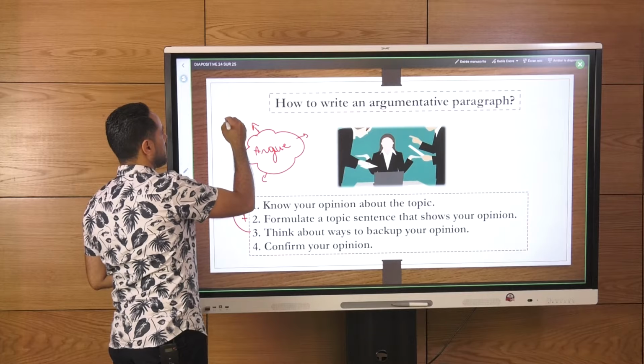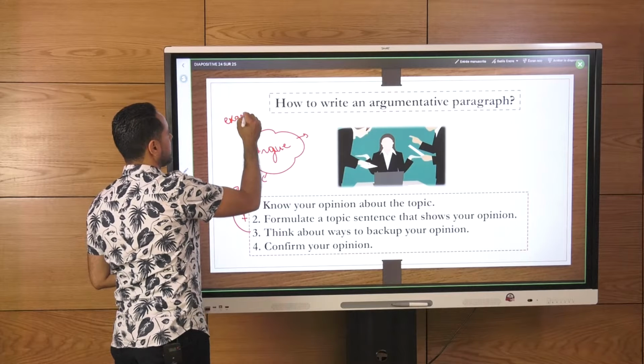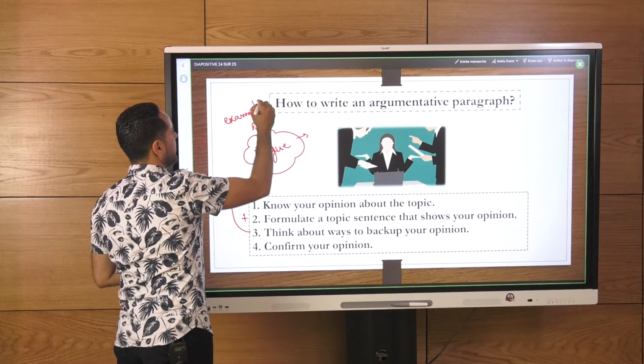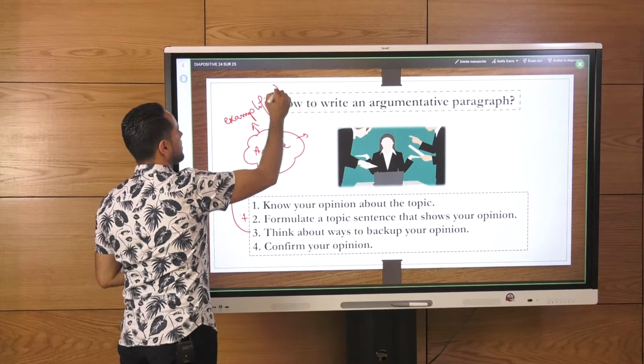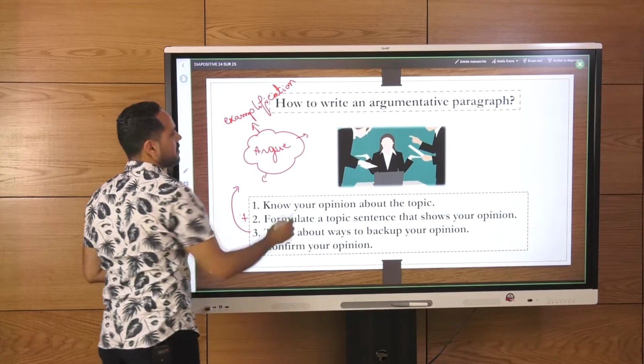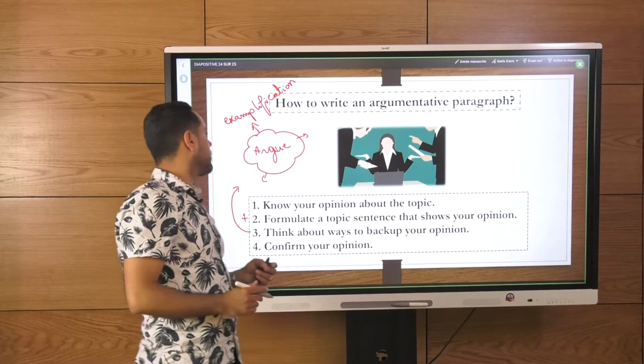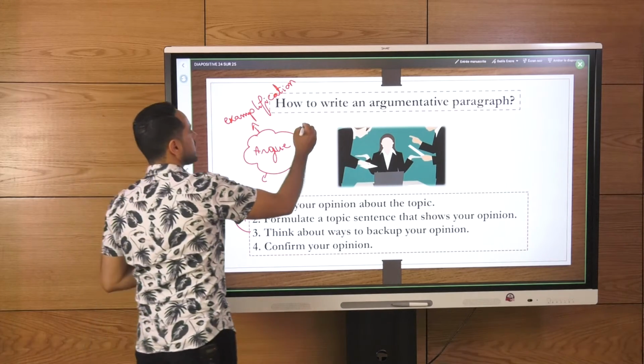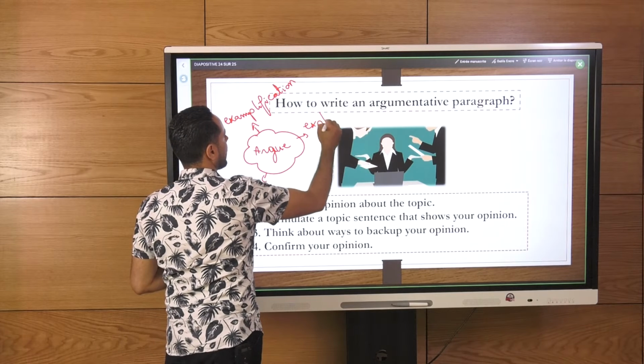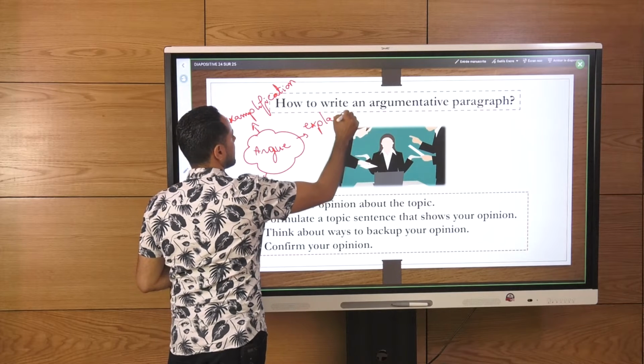First, there is what we call exemplification. Exemplification means you give examples to support your opinion. Another one is explaining or explanation.